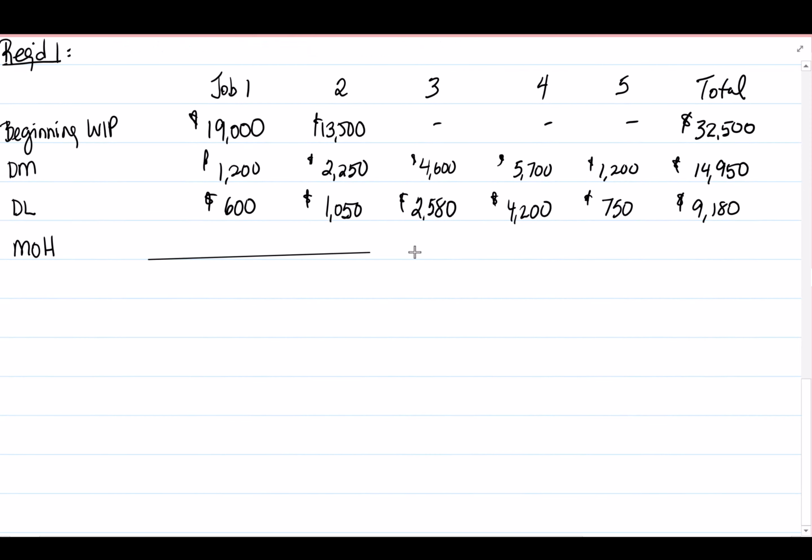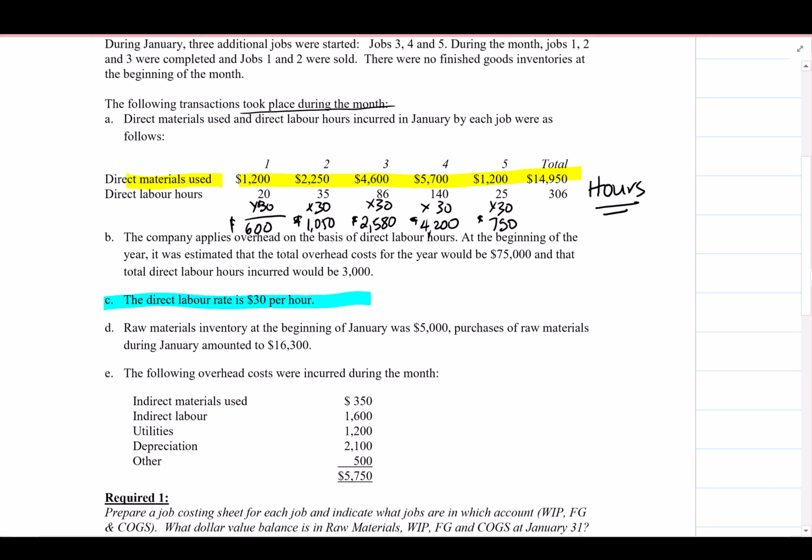So, mathematical exercise so far. Manufacturing overhead. The company applies overhead on the basis of direct labor hours.